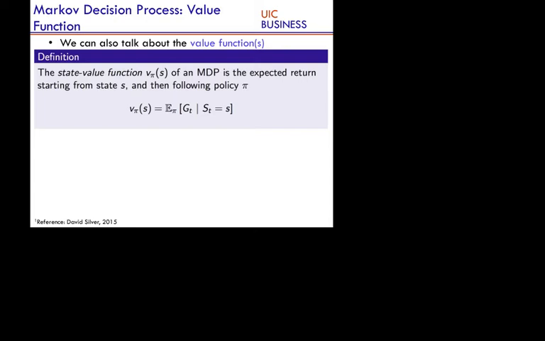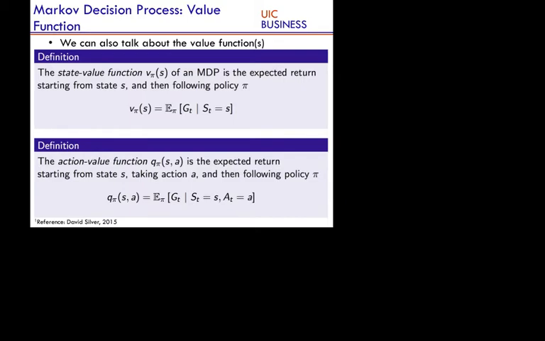Because I know this is my starting state, I know what action I'm going to take next, and since I know that, I know with some probability which next state I'm going to land in, s_{t+1}. From s_{t+1}, I know because of my policy which action I'm going to take next. So the actions are not there here.